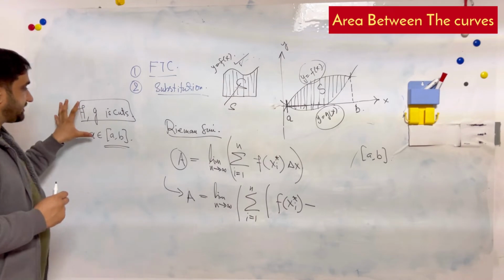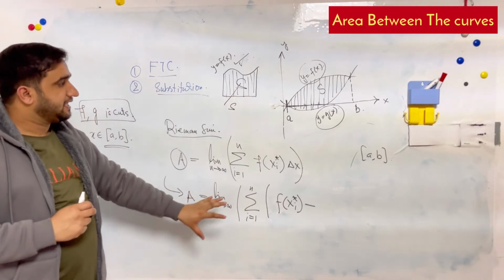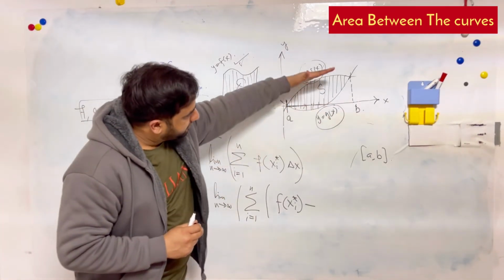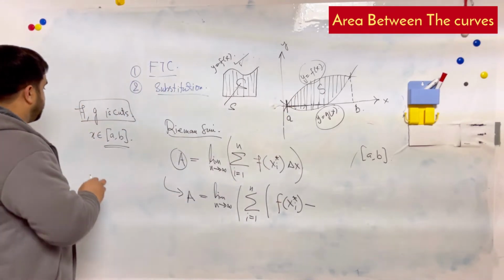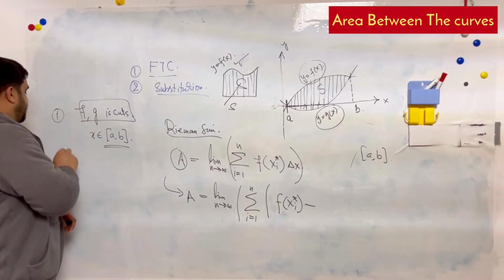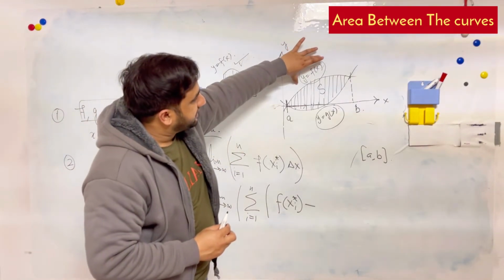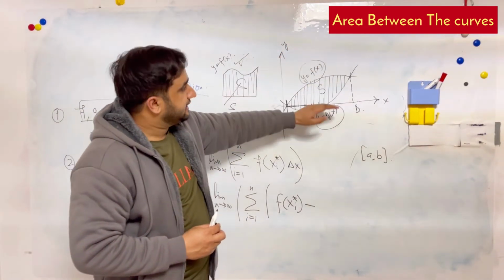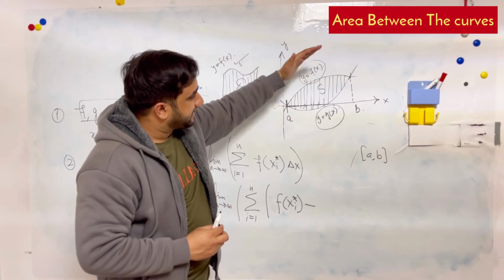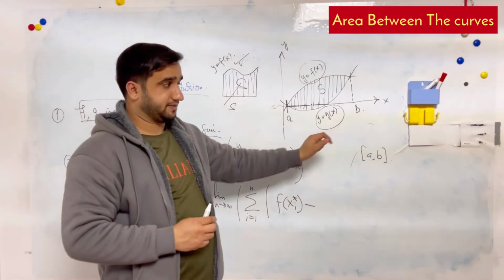So these are the conditions on the functions. This was the first condition, and the second condition is that in between the interval, this function is always on the upper hand as compared to this function.